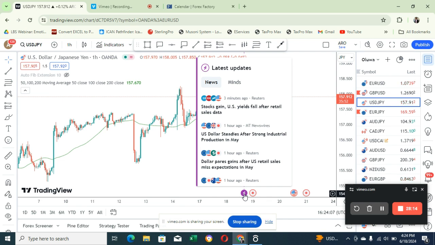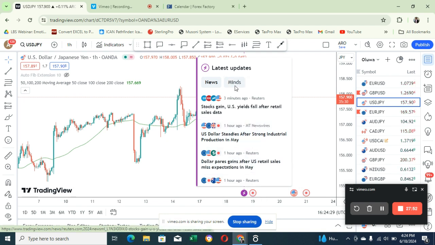You can see as I click on the first one, it has a latest update: stocks gain, US yield falls after retail sales data. You can see that this happened 3 minutes ago, this 1 hour ago, this 1 hour ago.